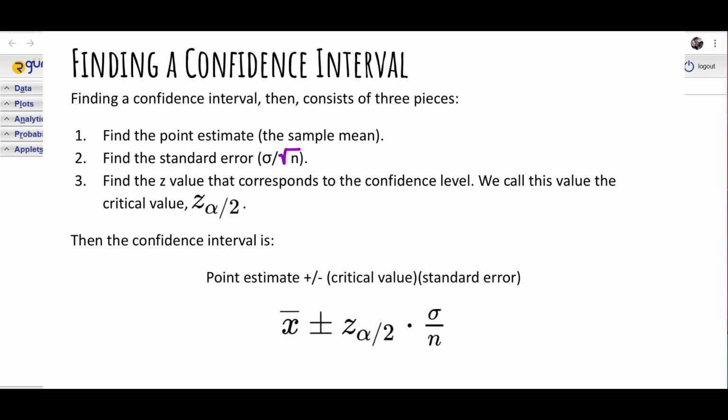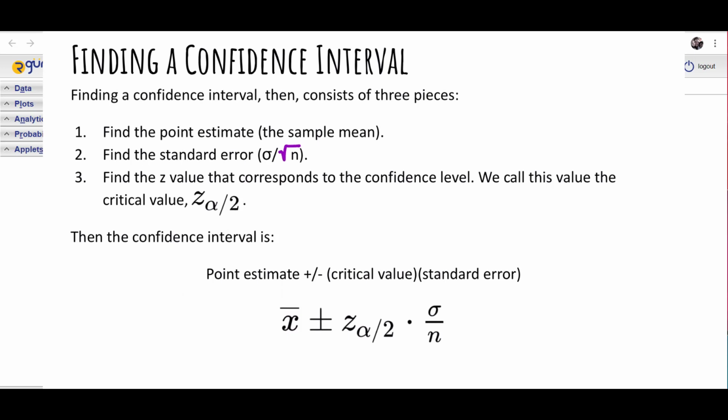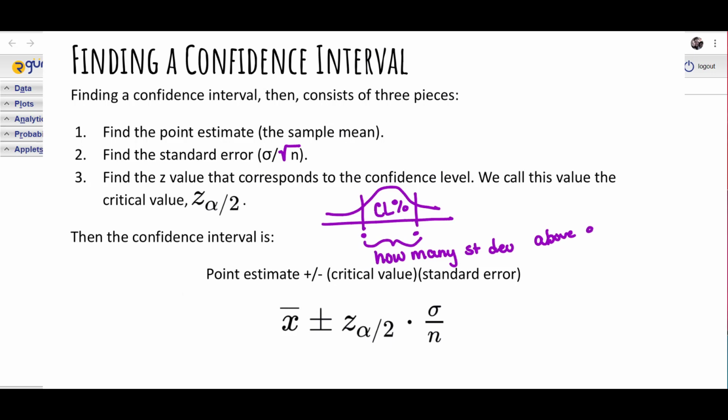And what that means is, if you've got the confidence level percentage here, you're going to figure out how many standard deviations, in this case standard errors, above and below the mean are the boundaries.